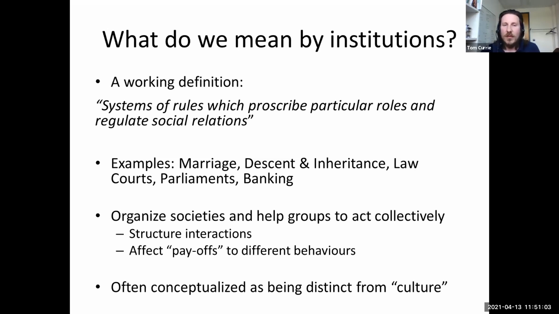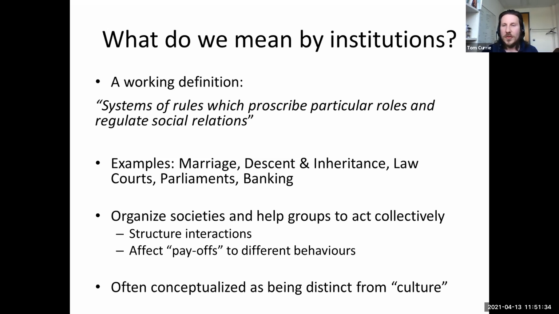So we're thinking about things like marriage, or in traditional societies, descent and inheritance, kinship, the kind of things Fiona Jordan was talking about a few weeks ago. We can also think about law courts or parliaments, the more formal rules and laws that govern our lives, but it also applies to things like banking, basically anything that involves regular interactions with people.